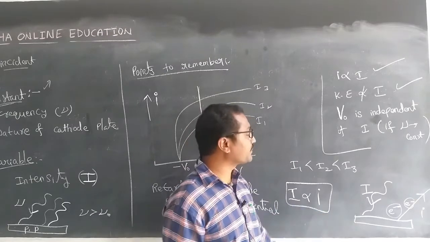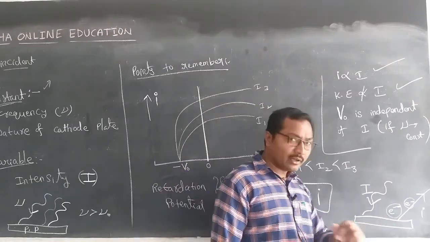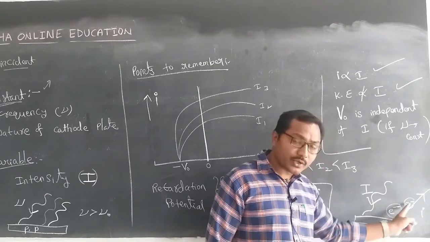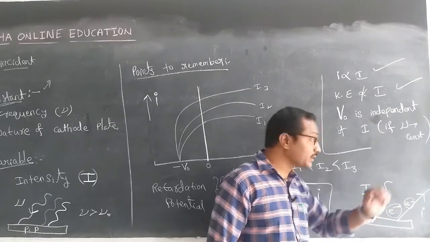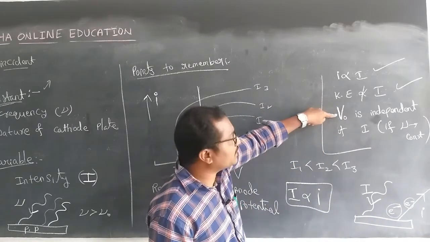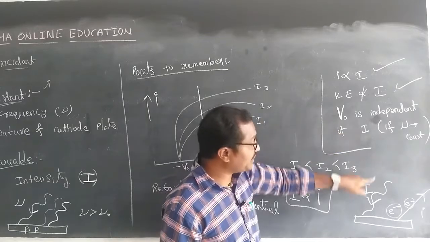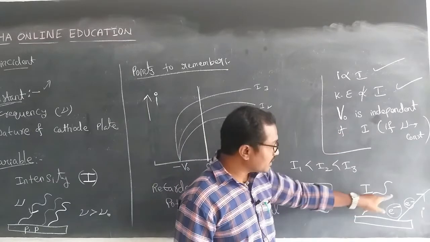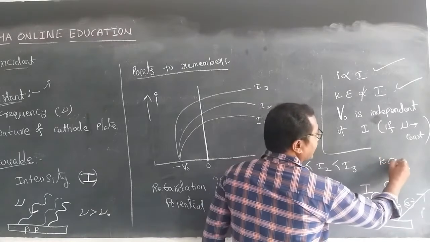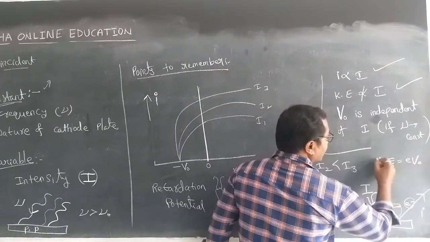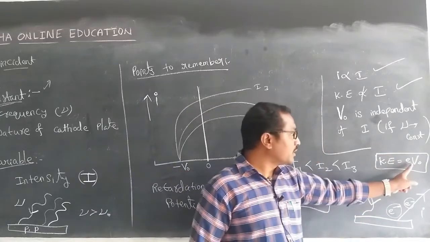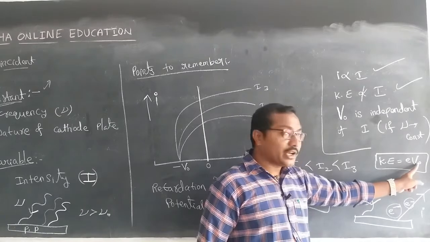Okay, next case. We know the relation between the kinetic energy of the photoelectrons and the stopping potential, right? Now this stopping potential is also independent of the intensity of incident radiation. I am giving the relation: kinetic energy KE is equal to e times V naught, the stopping potential.